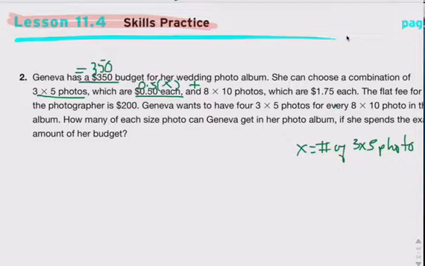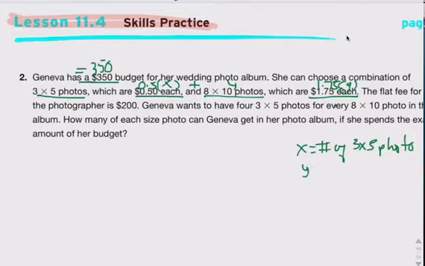8 by 10 photos, which are $1.75 each. So each means times the number of 8 by 10 photos. Let's make that y.